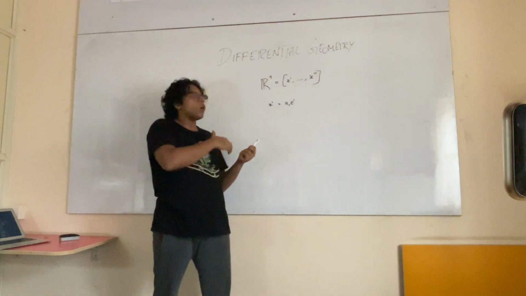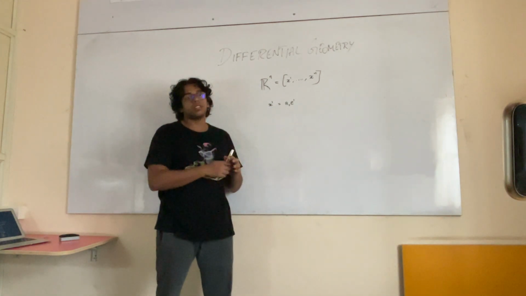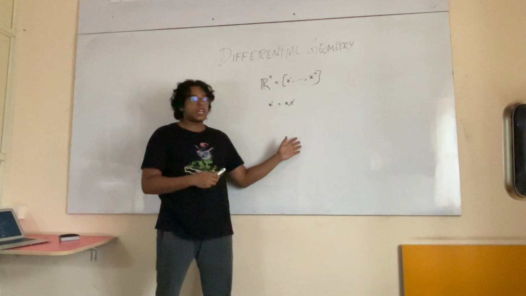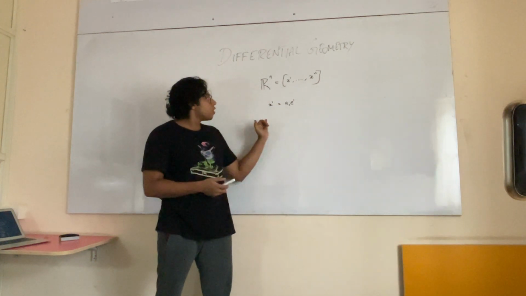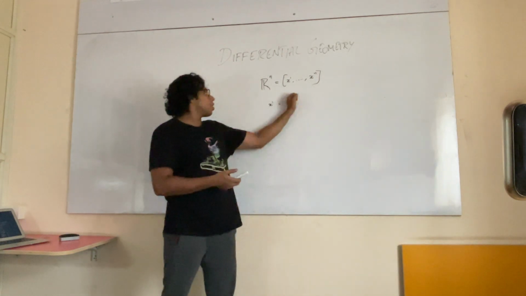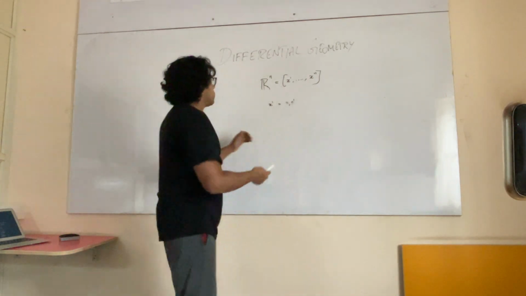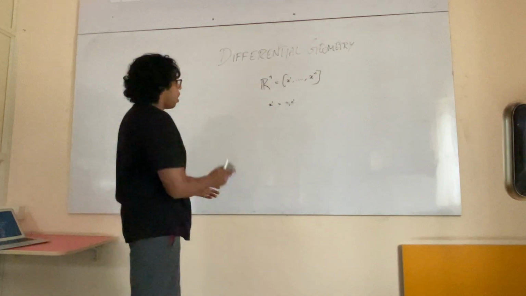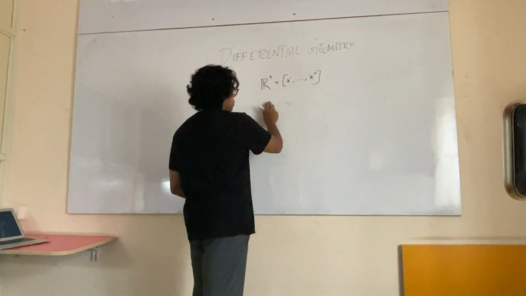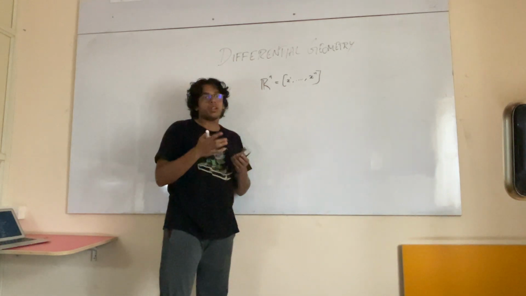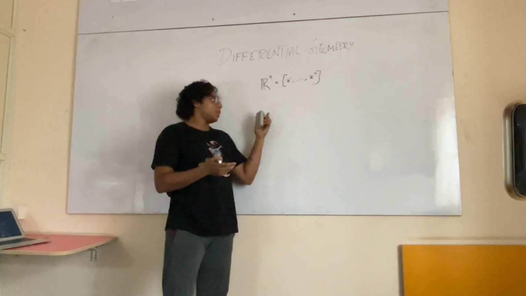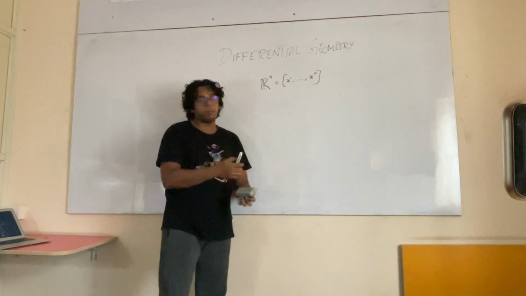Obviously you have your results for your orthogonal basis, and all of that comes in vector calculus, vector analysis. But essentially, the idea here is that your Euclidean n-set can be decomposed into some sort of basis.